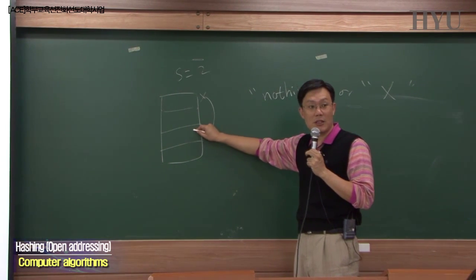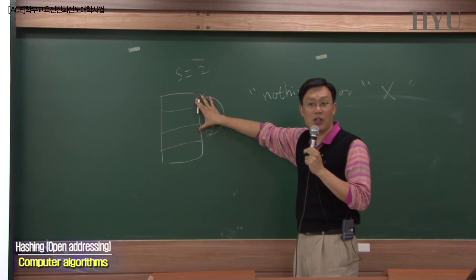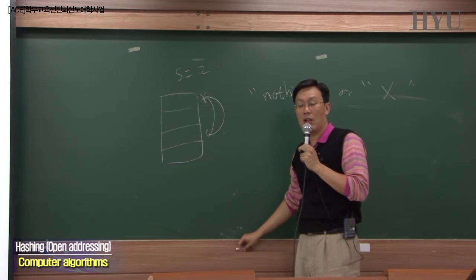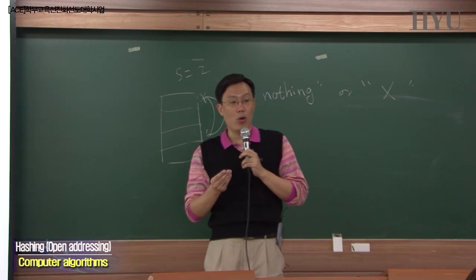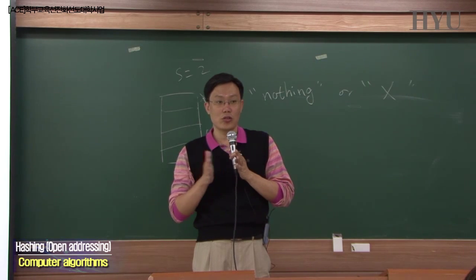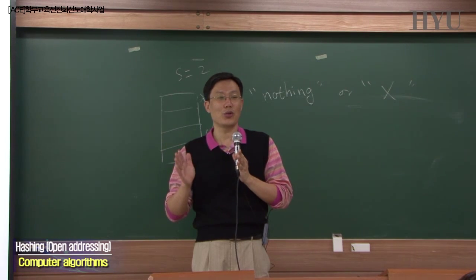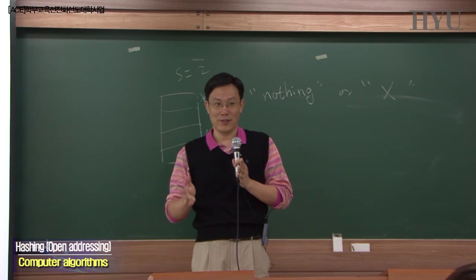And if it is not empty, we check here. So we only check a small portion of the hash table. So they should be relatively prime. Relatively prime in Korean is 서로소. Okay?